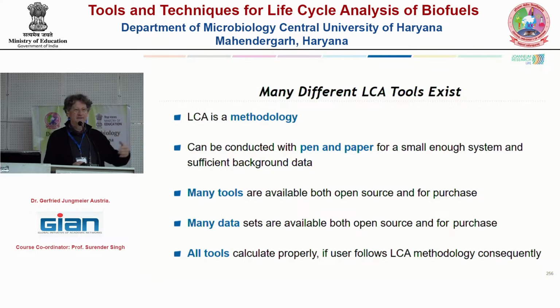Especially when I'm in an industry, in a pulp and paper mill, we still very often see a flow chart of the facility, and then we start putting the main unit processes on a piece of paper to start to understand the key processes. So there are many tools available. Some of them are open source. Most of them are really for purchase. And also many data sets are available. A few of them are open source. Most of them are for purchase.